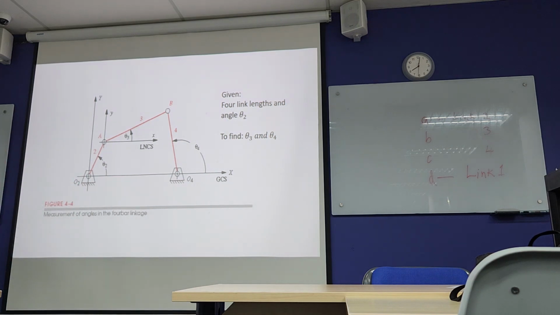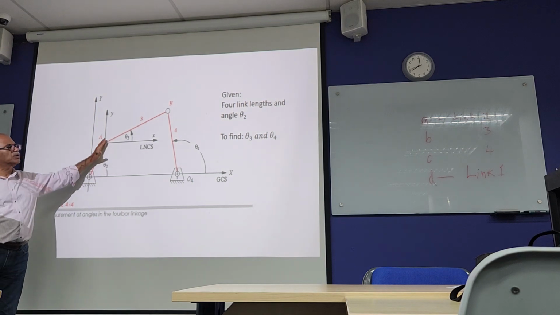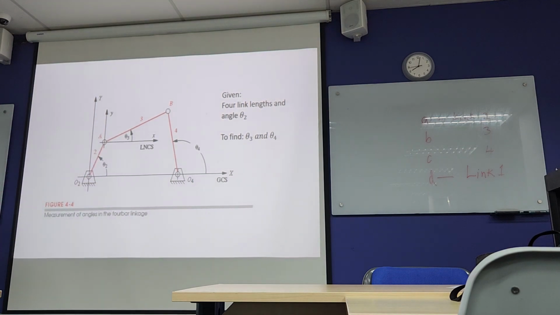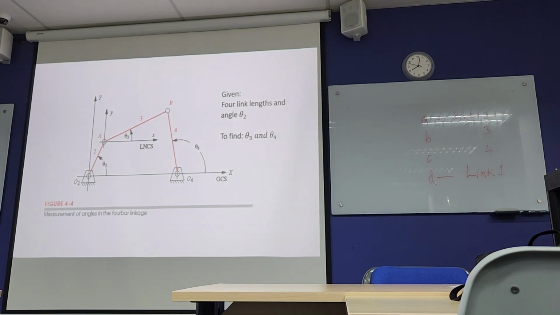The ground link you can draw. Then you know the length of link 2 and also the orientation of link 2, theta 2. Since you know theta 2 and this O2, you can draw. So link 1 you can draw, link 2 you can draw.